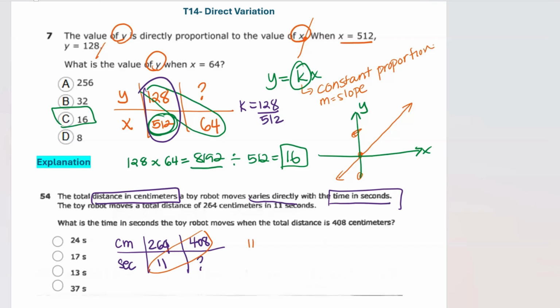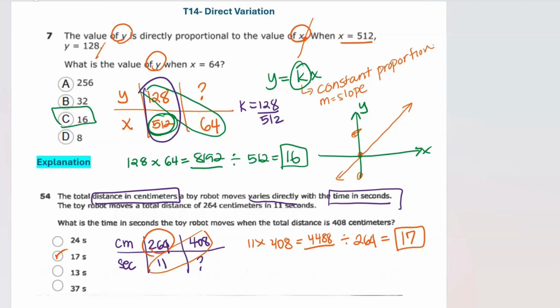So 11 times 408 equals 4,488, divided by the ball, 264, equals 17. That's my answer. So we got 17 seconds.